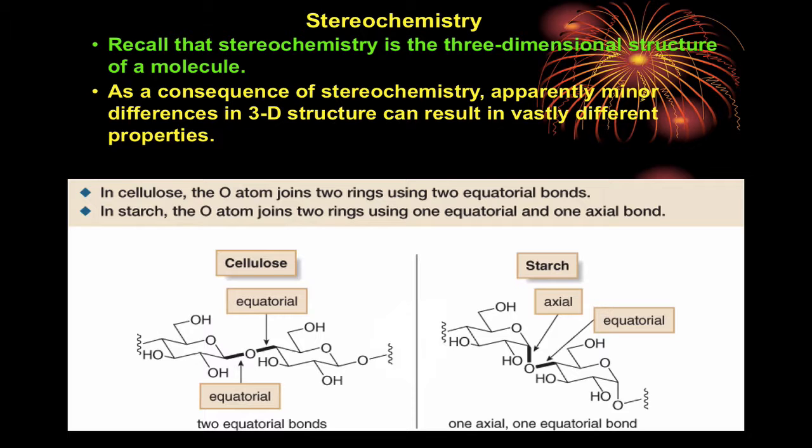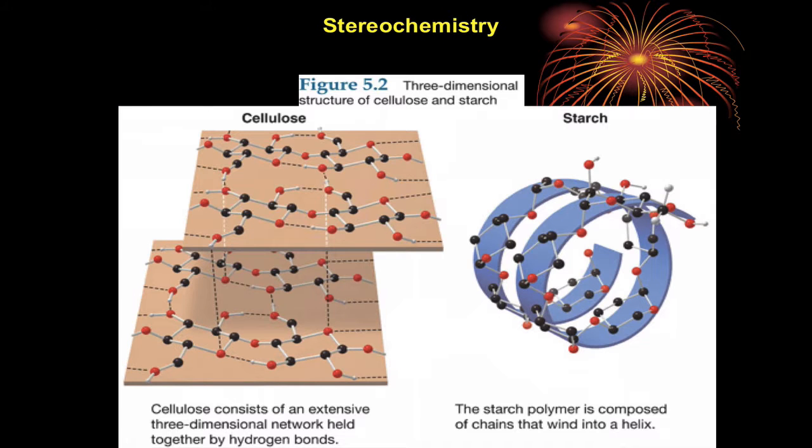So having a difference of equatorial versus axial equatorial, just changing this bond's orientation in space, makes all the difference in the world. And the reason is because cellulose takes on this sheet kind of structure. Because you have equatorial, it actually adopts a flatter shape, if you will, and it forms these sheets that interact by hydrogen bonds, and it's not very soluble in water at all.